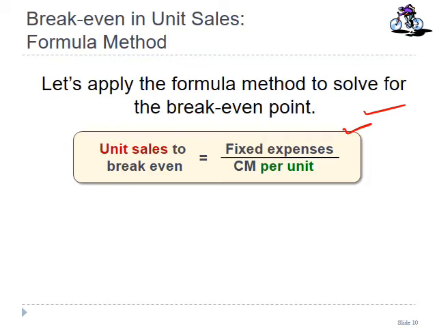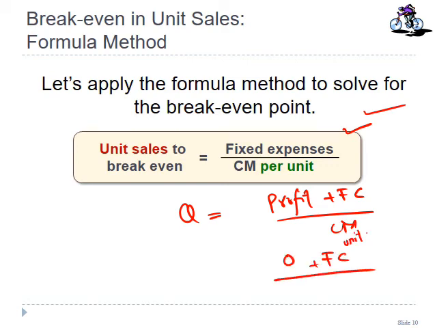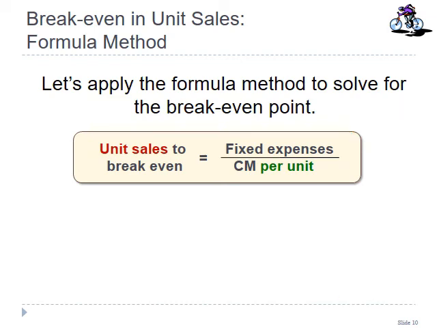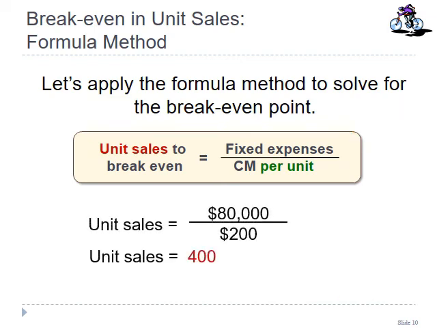We know that the quantity of units sold is equal to profit plus fixed cost divided by CM in units. So you just put 0 plus fixed cost and then CM in units. This is the same formula, right? And you find again that 400 is your break-even, but this 400 is in units, remember this, okay? That's not in terms of dollar sales.